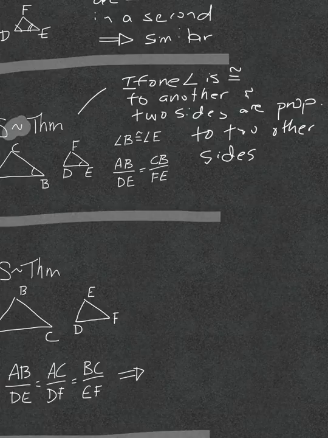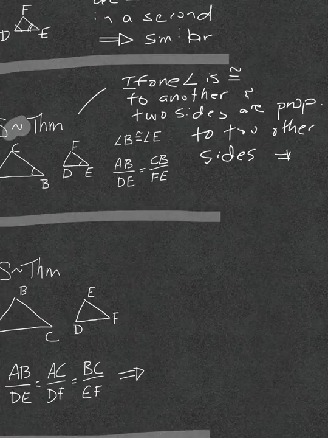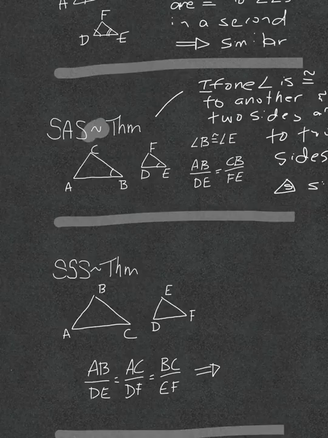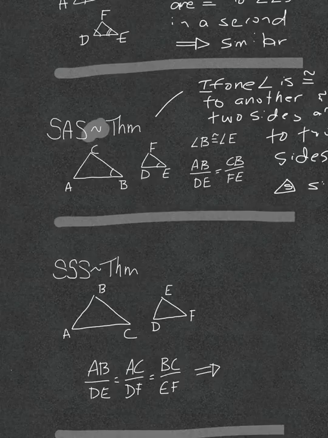I don't like this software I'm using. Then the triangles are similar. All right, so notice again, we're using one angle and then two included, or I should say two sides and the included angle.